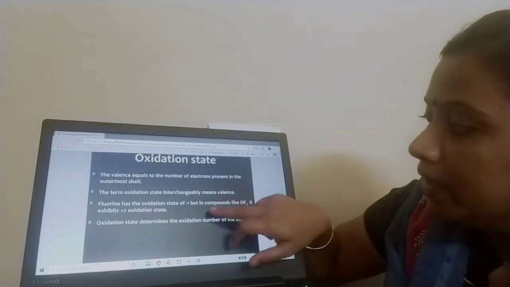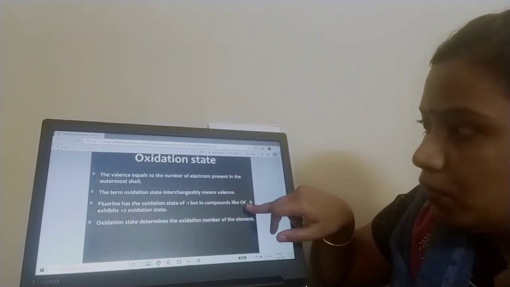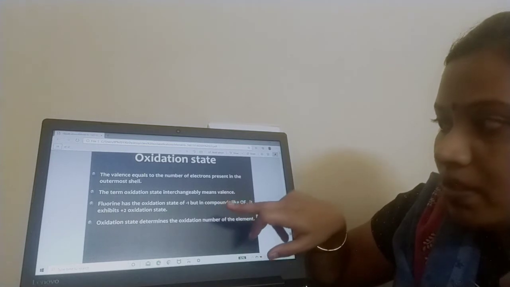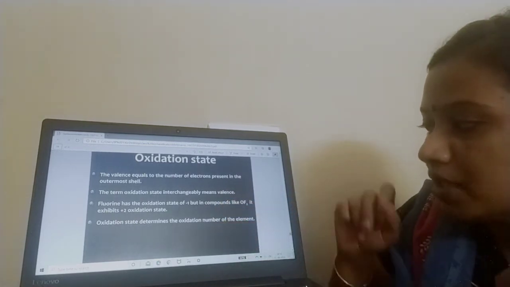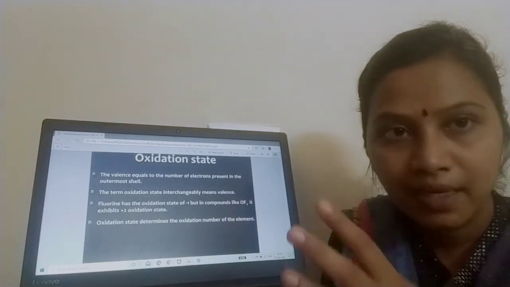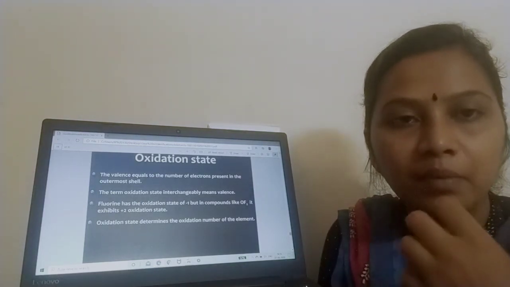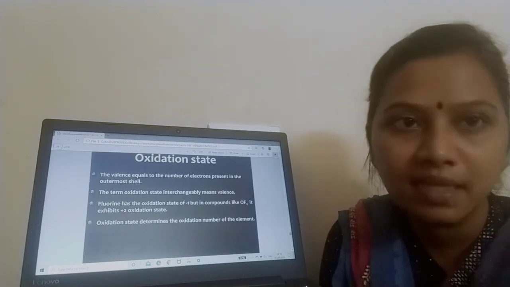But in compounds like OF2, it exhibits a +2 oxidation state. So oxidation state determines the oxidation number of the element. So what is oxidation state? The charge carried by an atom when it acquires or donates an electron.